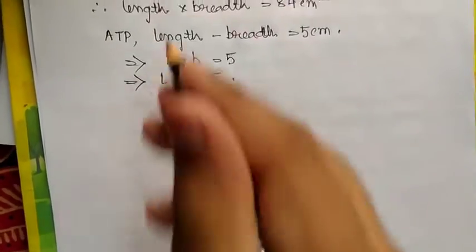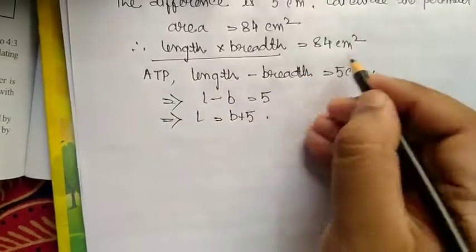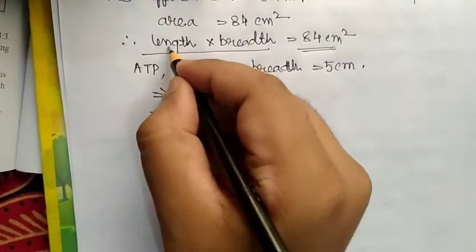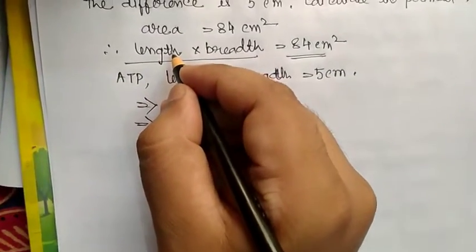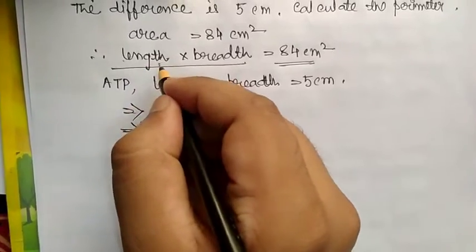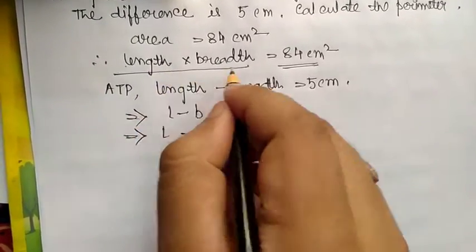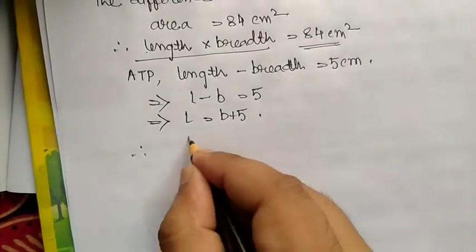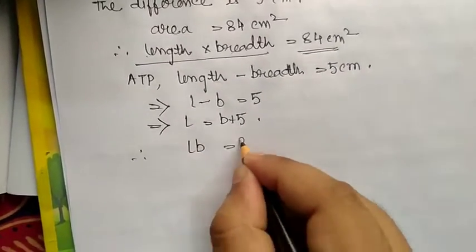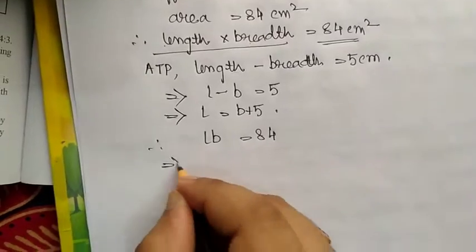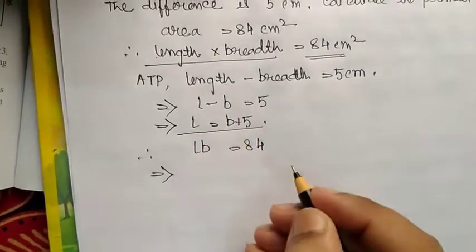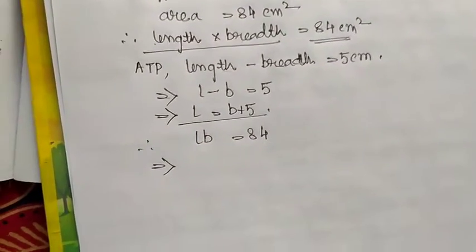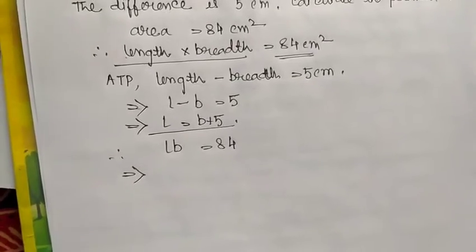Now we know that length into breadth equal to 84 centimeter square. So length can be written as L and breadth can be written as B. So therefore we can say that LB equal to 84. Now putting the value of L equal to B plus 5, it's the substitution formula.